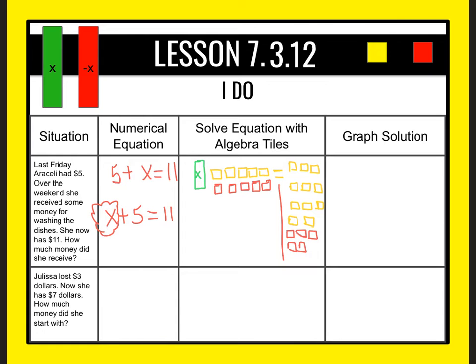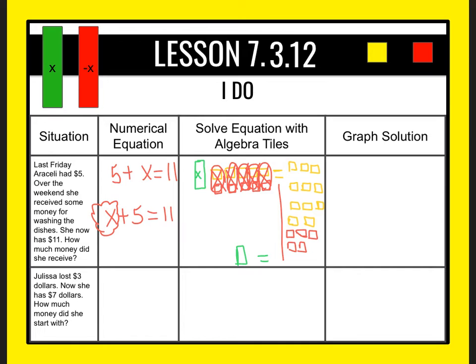And what happens when I have a positive 1 and a negative 1? I form a 0 pair. So in order for me to get x by itself, I need to make sure that I bring in a negative 5, or I subtract 5 on both sides. This will then leave me with the following. X is going to equal some value. Well, wait a minute.